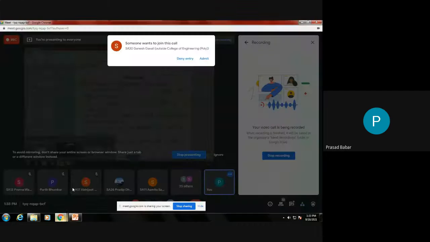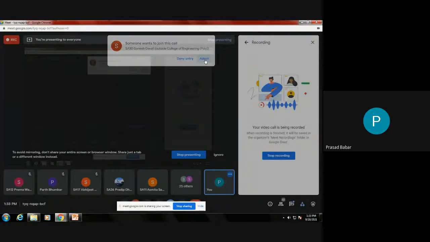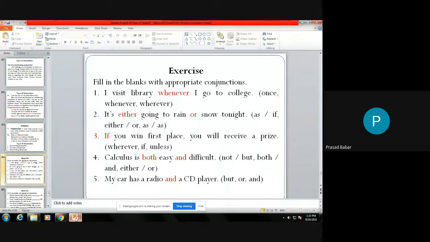We have to use here not only but also, but they haven't given the correct option. They have only given not and but. Calculus is not only easy but also difficult.